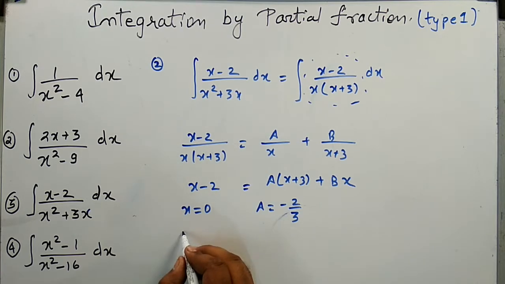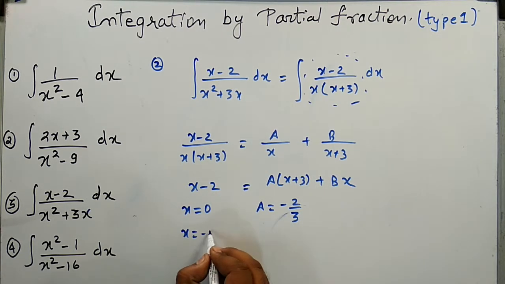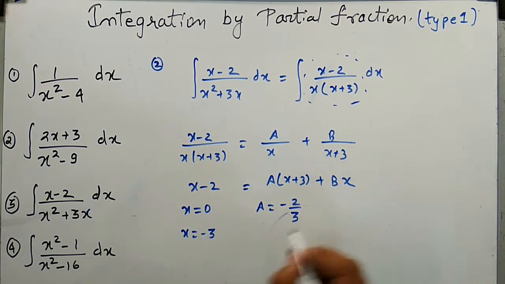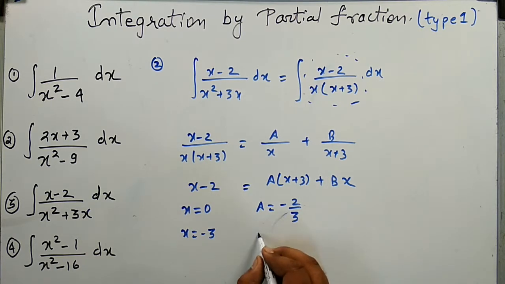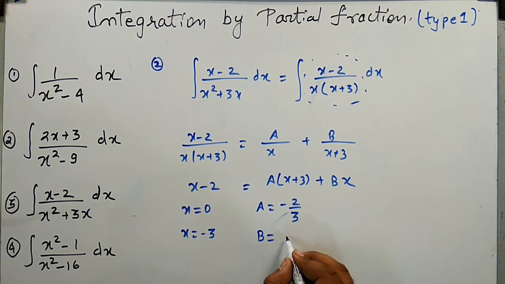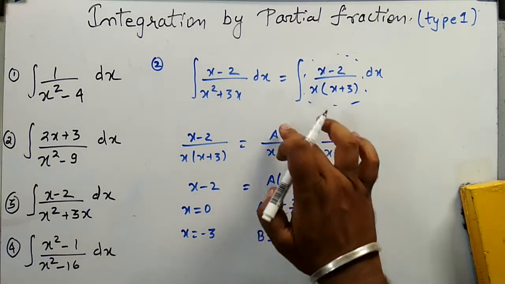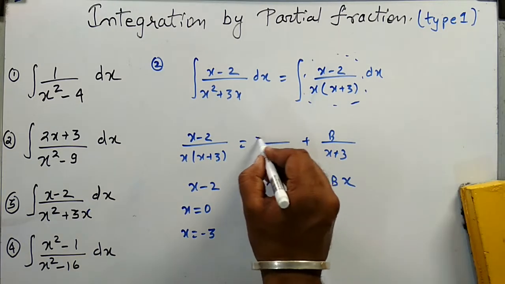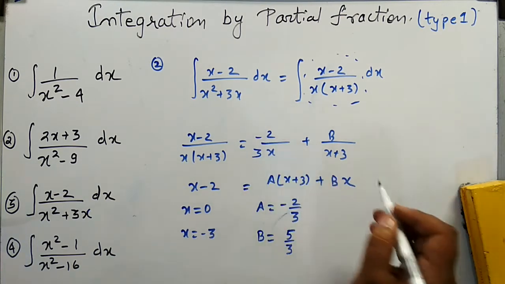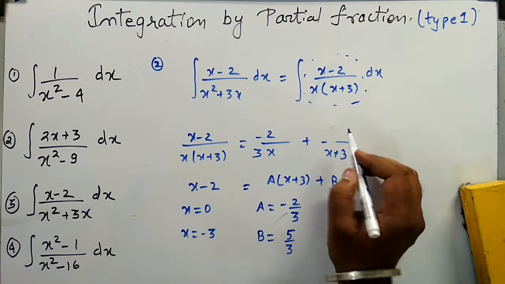If you put x equals minus 3, you can find the value of b very quickly, and b would be equal to 5 by 3. So I'm writing in place of a minus 2 by 3 and in place of b 5 by 3.